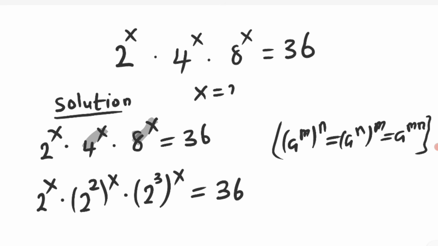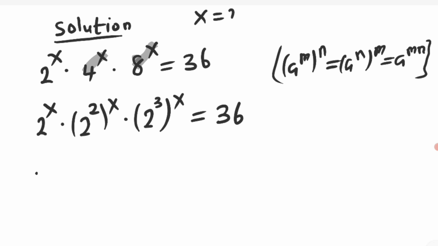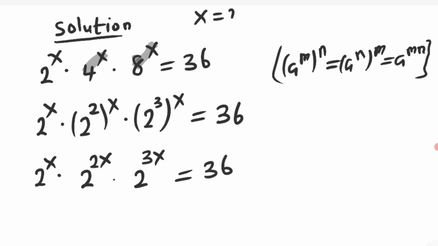Then the whole of this can be written as 2 raised to power x multiplied by 2 raised to power 2 times x, this is 2x, multiplied by 2 raised to power 3 times x, that is 3x is equal to 36.